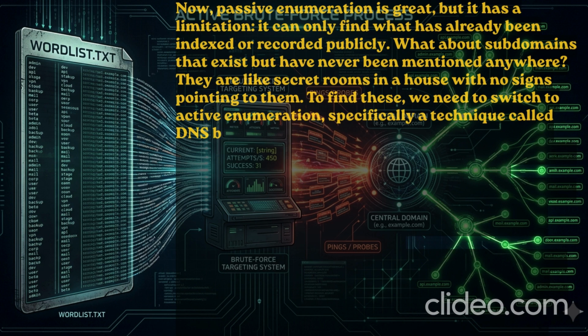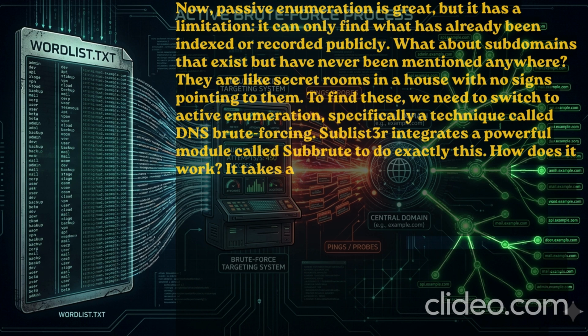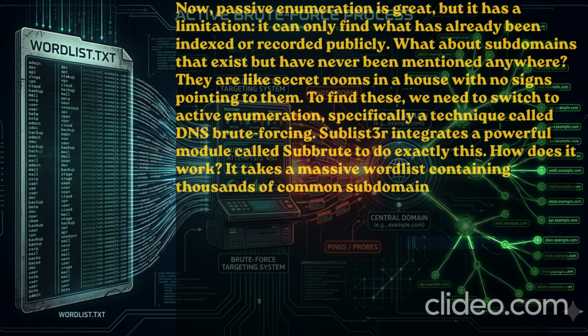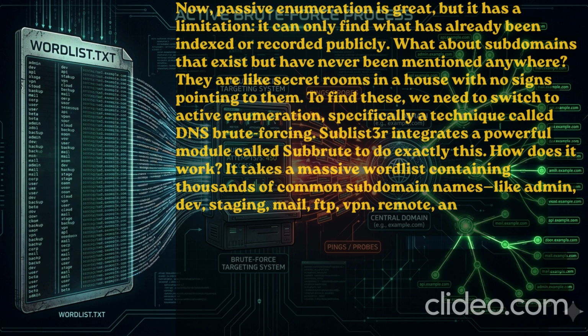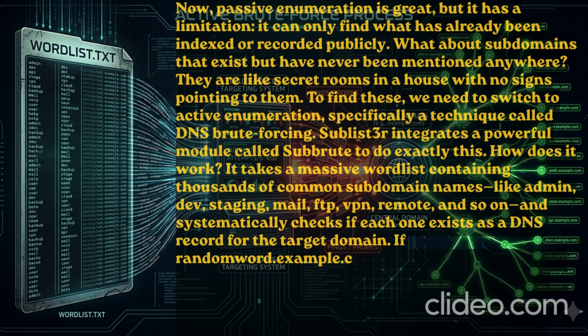Sublist3r integrates a powerful module called subbrute to do exactly this. How does it work? It takes a massive word list containing thousands of common subdomain names like admin, dev, staging, mail, FTP, VPN, remote, and so on, and systematically checks if each one exists as a DNS record for the target domain.